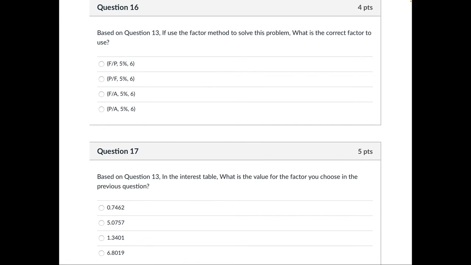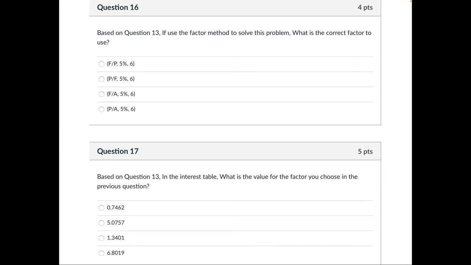Based on question 13, if you use the factor method to solve this problem, what is the correct factor to use? So the factor method, to use factor method, you need to determine what equivalent value you're looking for. So now you're looking at the future time. You want to know the future value of the present investment of 10,000 by Tom, right?